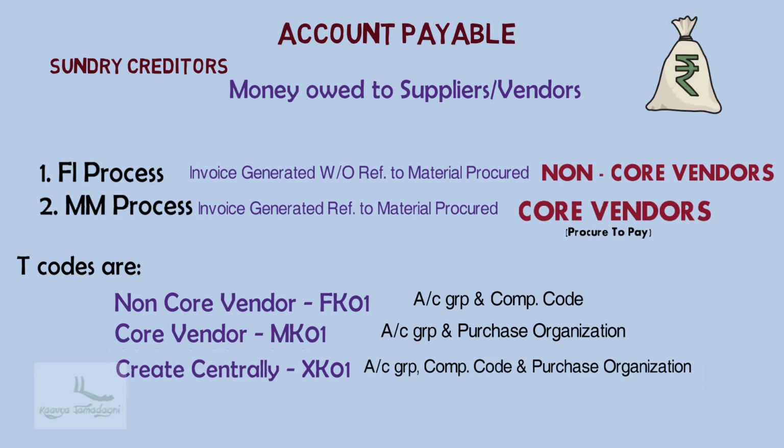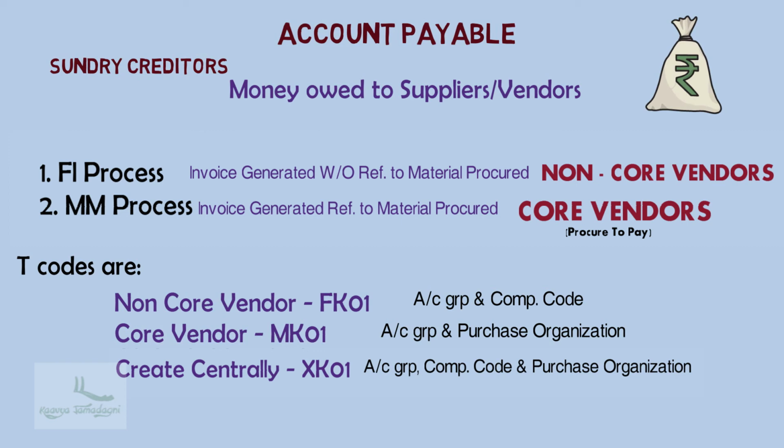The second way is using the T code MK01, where we create the MM vendor only with the purchase organization. Next comes the third way, using the T code XK01, to create the vendor centrally by using the company code and the purchase organization. So this was about the vendor account creation process.